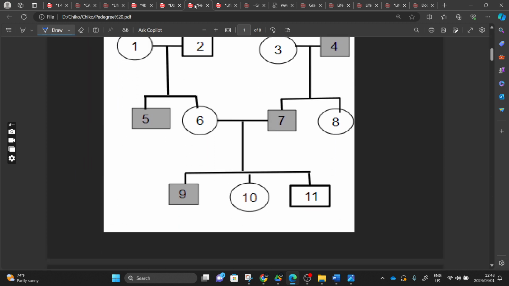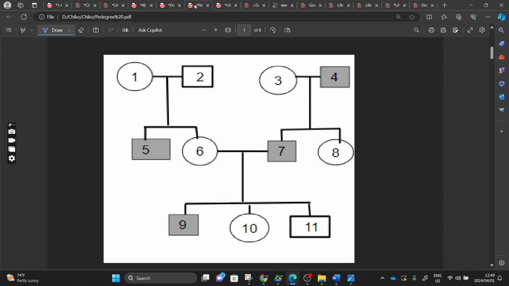Another example. And then let's use this example as an X-linked example, right? Let's use this as a sex-linked example.